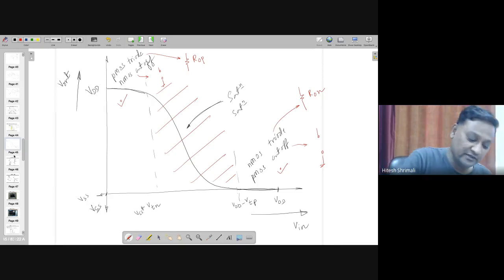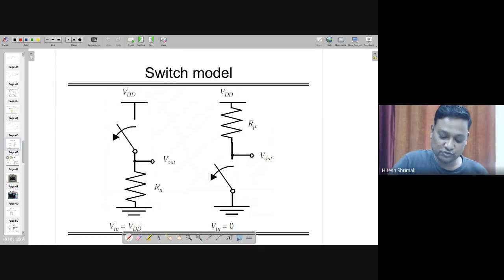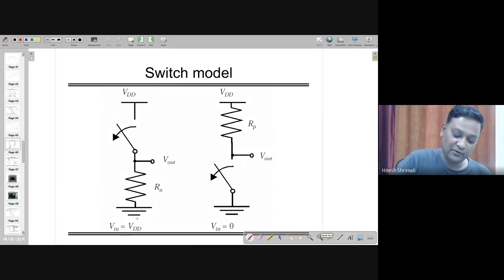So if we are interested in those two particular regions, where Vin equals VDD, in that case NMOS is actually in triode region, acting as a switch whose name they are keeping RN and RP. So instead of RO and ROP, please consider them as RN and RP, and PMOS is in cutoff, or it will have infinite resistance.